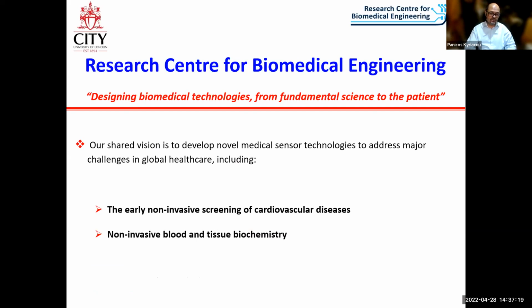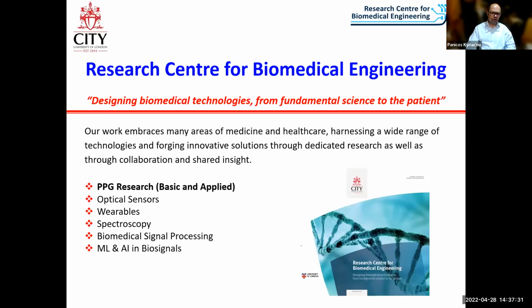For me, the dream is to develop completely non-invasive blood and tissue biochemistry technology, where without a drop of blood, you can measure a lot of your biomarkers in blood. The strengths of the lab is primarily PPG, both basic and applied, developing sensors and wearables. We do a lot of spectroscopy in order to fingerprint different biomarkers within the visible, NIR, and higher wavelengths as well.